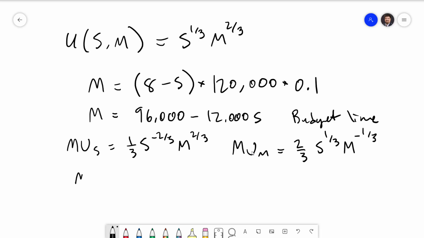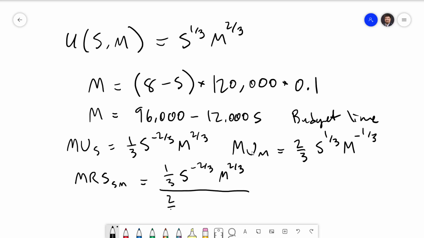And then to get the marginal rate of substitution of shirking for income, we're going to take the ratio of those, (1/3) s^(-2/3) m^(2/3), divide that by (2/3) s^(1/3) m^(-1/3), and then simplify that down, which comes out to m over 2s. As I mentioned in the last video, I showed how to do this step by step in the video on preferences and utility, so I won't get into detail right now.